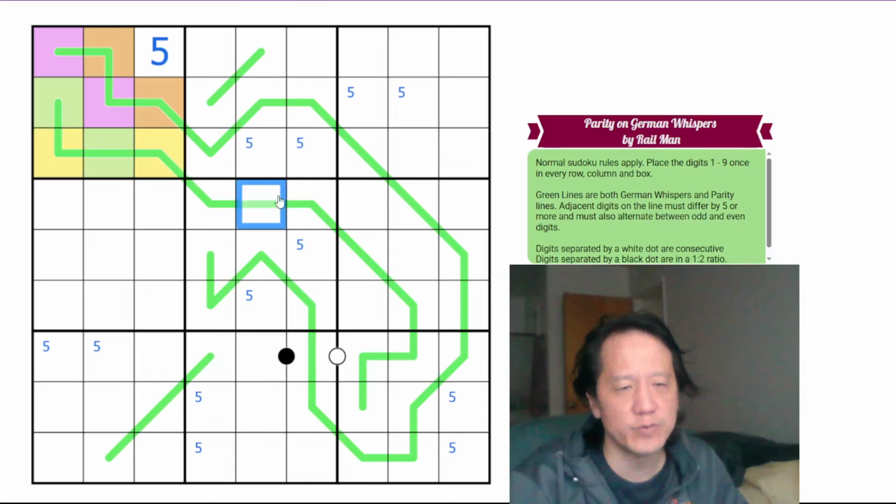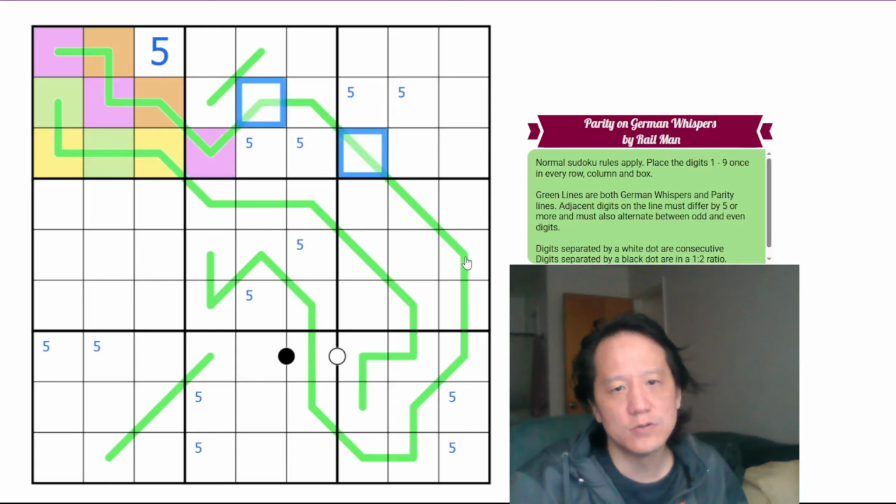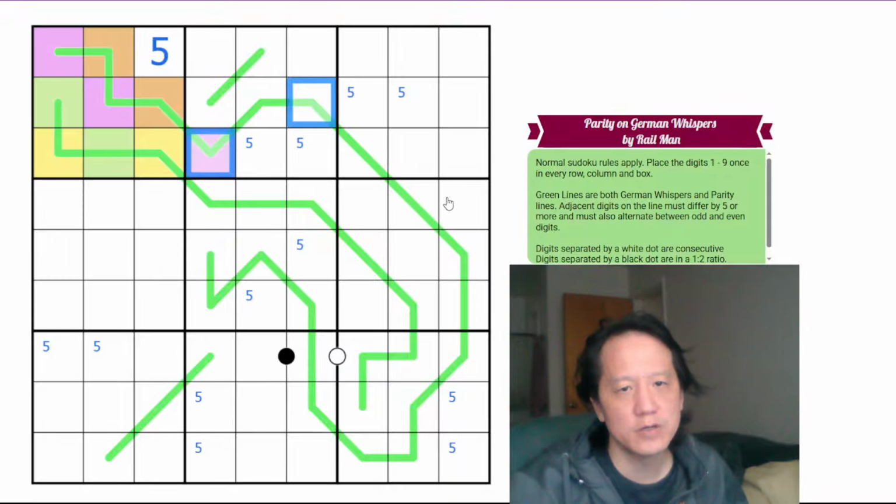But these sort of have to be, so again, you alternate between low digits and high digits. So this is pink. These are all orange. Let's do pinks. Pink, pink, pink, pink.